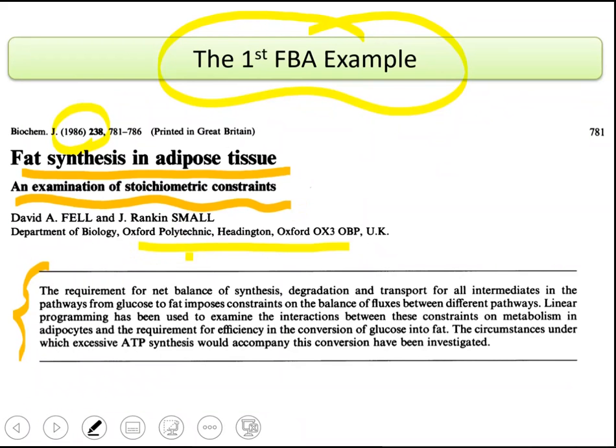So it talks about net balance of synthesis, degradation, and transport for all intermediates in the pathways. So remember, we write balances around intermediate metabolites. That's what it talks about here. And starting from glucose, there are a lot of reactions that lead to fat synthesis. So it also talks about the balance of fluxes.